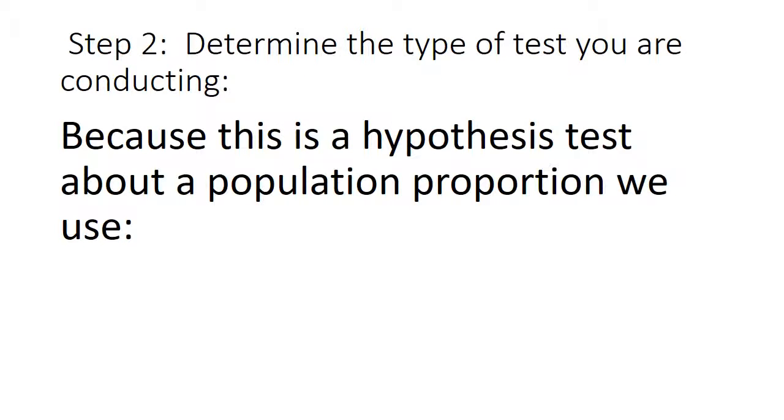What type of test are we conducting? We know that this is a hypothesis test about a population proportion. And so we are going to go to our calculator in our stat tests, and we are going to choose the option that tests a claim about a population proportion, a single population, teenage girls.